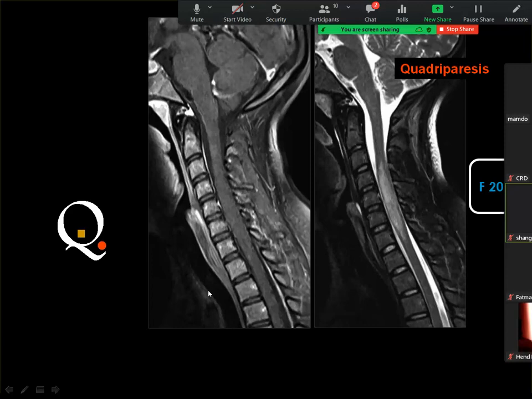Then this is a female patient, 20 years old, with quadriparesis. And this is sagittal T1 and this is sagittal T2.